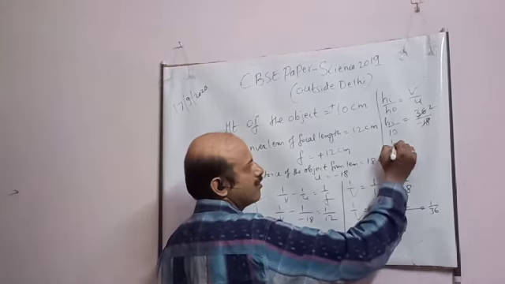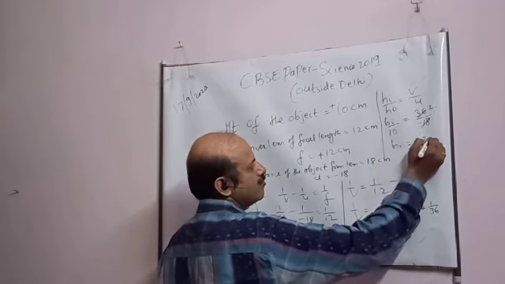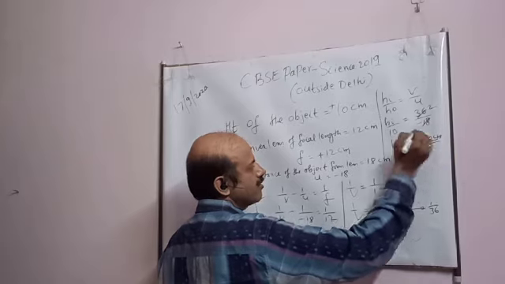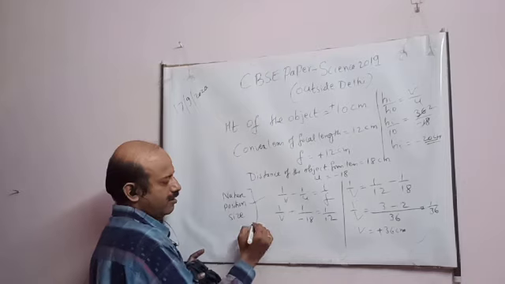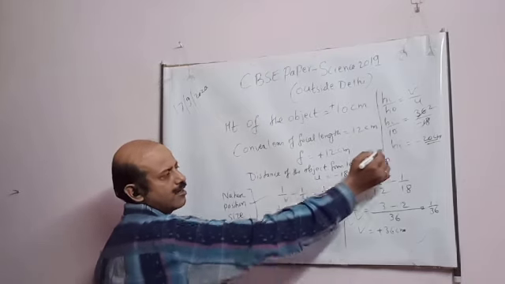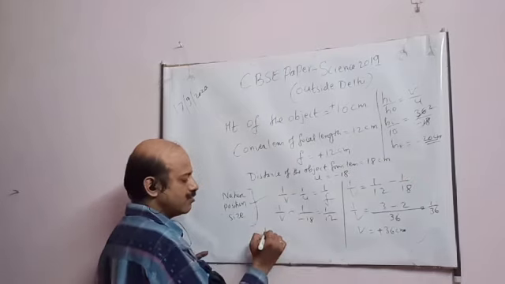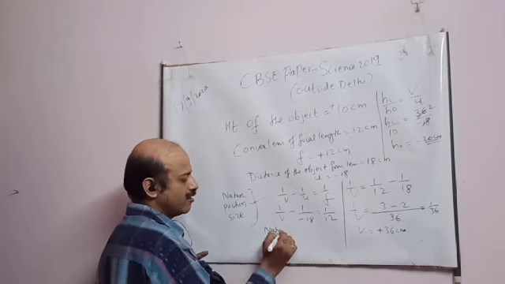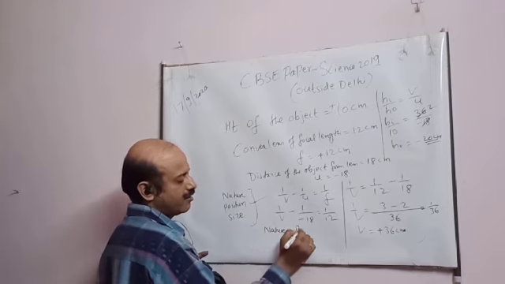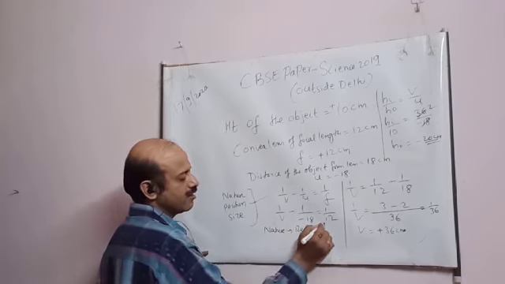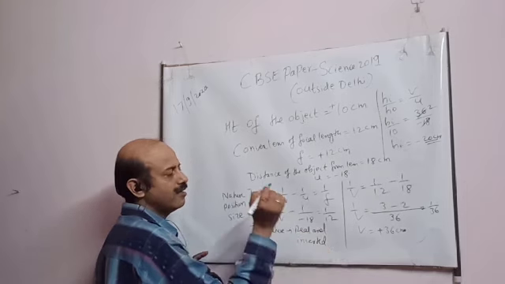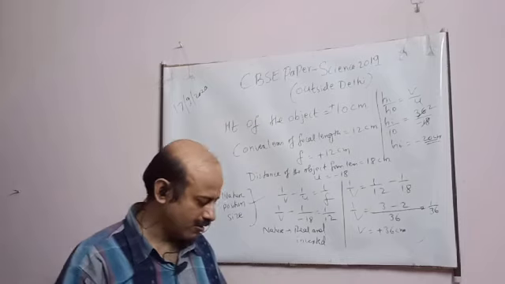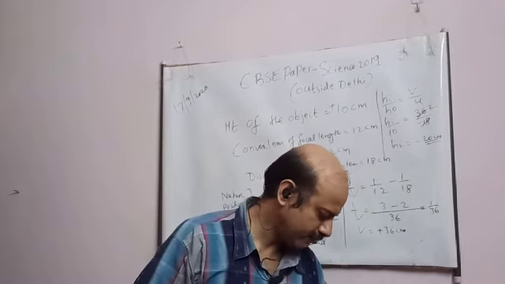Height of the image comes out to be minus 20 centimeters, student. Size you got. Now nature, student, how to find it? Since the height of the image is negative, this means, student, the nature is real and inverted, student. So this was the question which was asked, student.